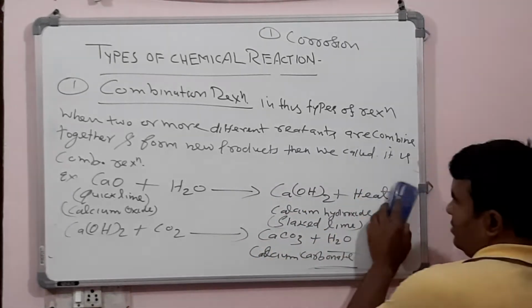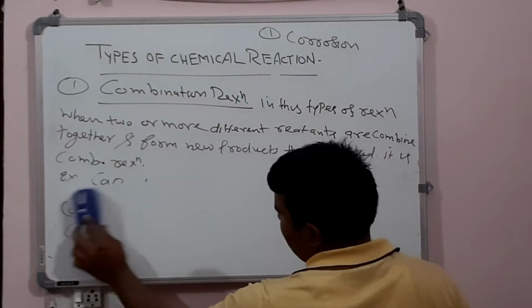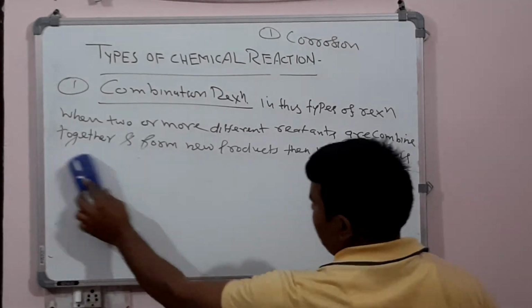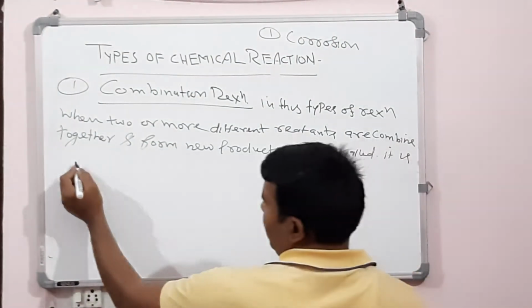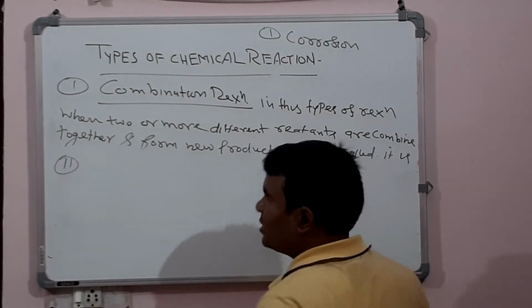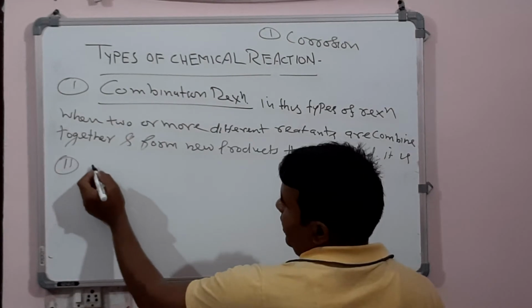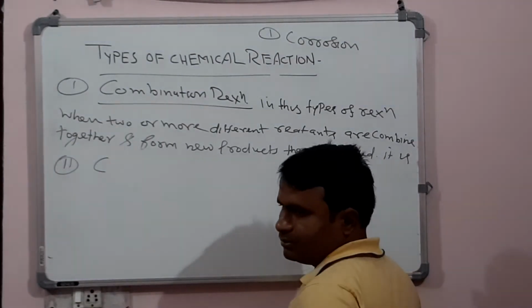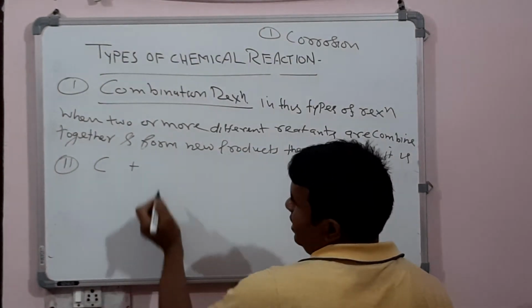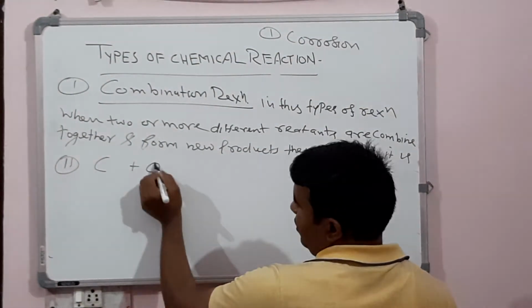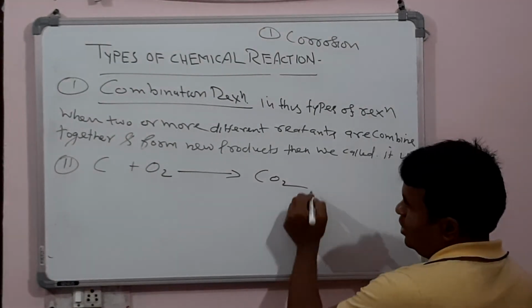Next example, second number. When we take carbon and burn it in the presence of oxygen, then we obtain CO2.